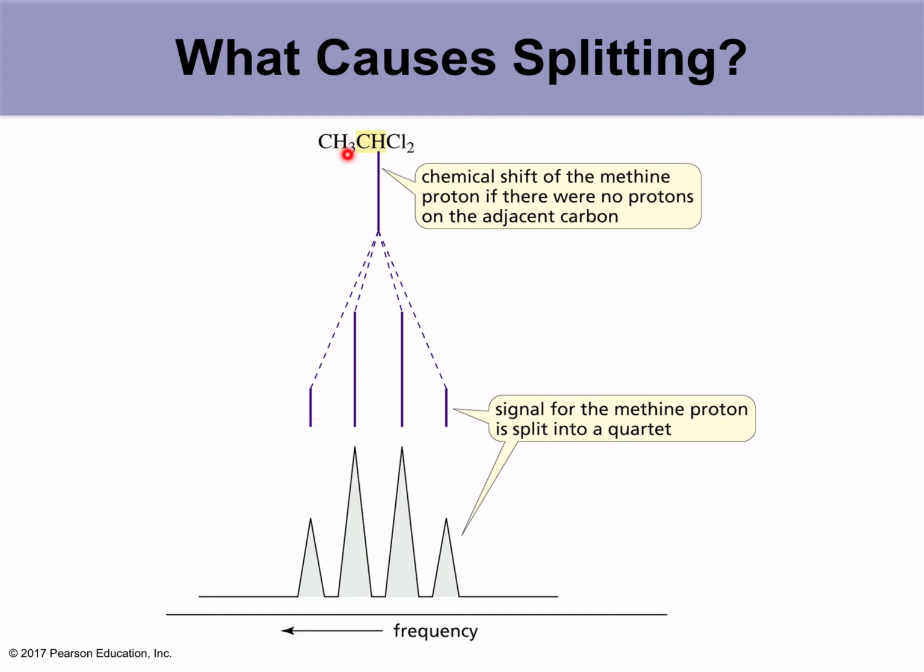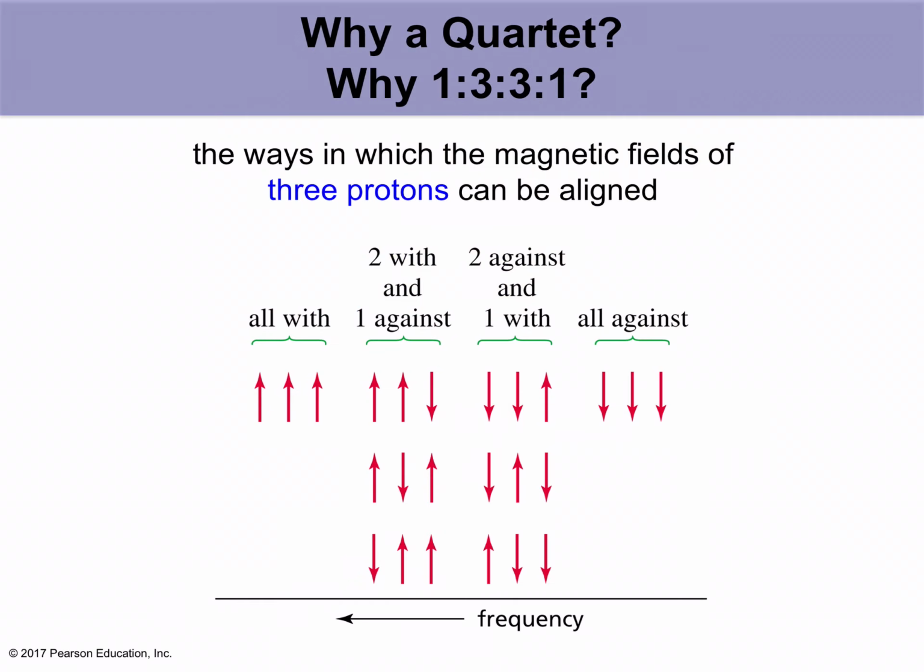Now since there are 3 hydrogens, it would split into a quartet, and that would be the signal, in a 1 to 3 to 3 to 1 ratio. So it would split according to n plus 1, where n means the number of protons on the adjacent carbon. There is 3. 3 plus 1, 4. Now this is how the ratio appears, 1 to 3 to 3 to 1.